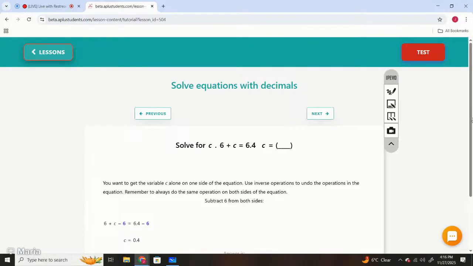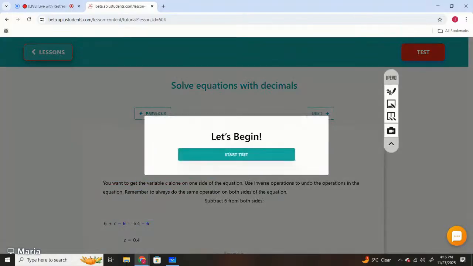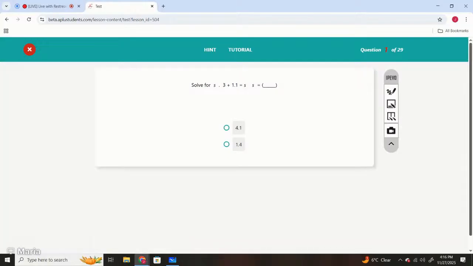Let's just start with the test questions. Solve for s. 3 plus 1.1 equals s.